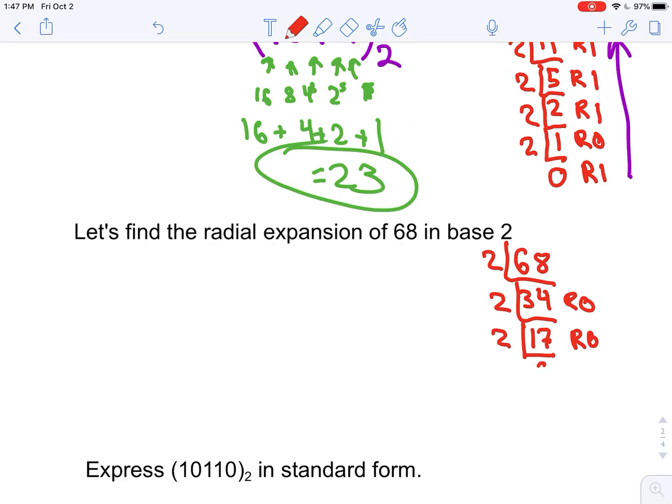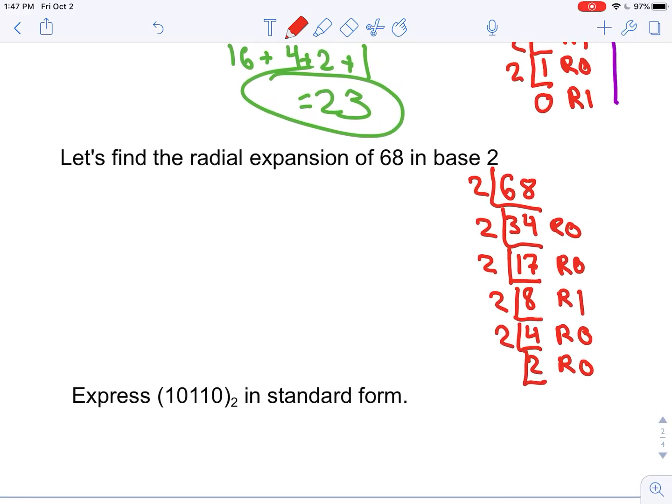17 divided by 2 gets us an 8 with a remainder of 1. I'll do it again. Get 4, remainder of 0. Divide that by 2, I get 2, remainder of 0. Divide this by 2, it's a 1 with again a remainder of 0. There we go.